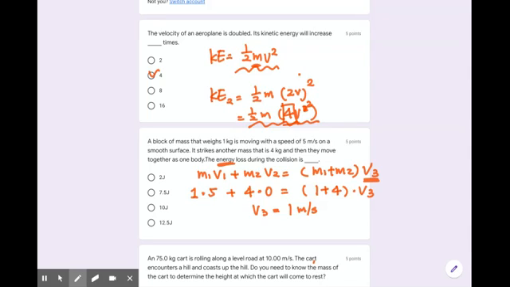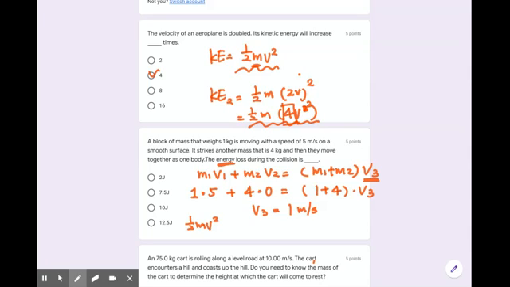And then the energy lost during the collision. So we have to find the energy before collision and energy after collision. Energy here, we're talking about kinetic energy because the things are moving, right? So kinetic energy, half mv squared.